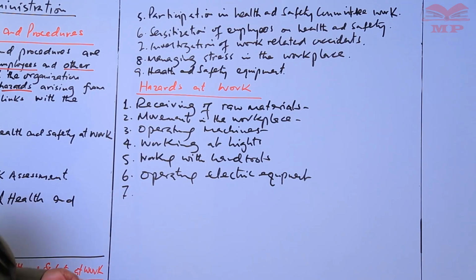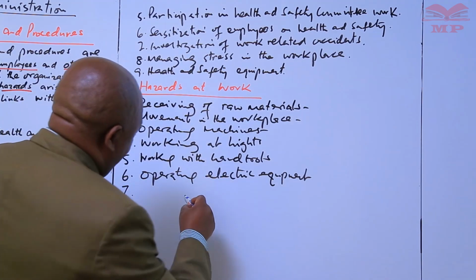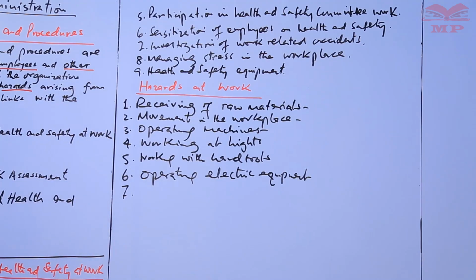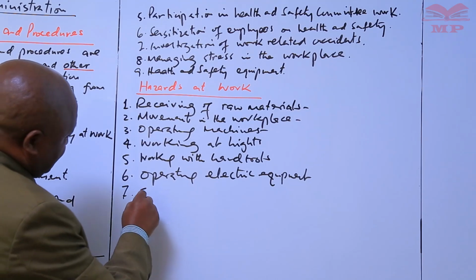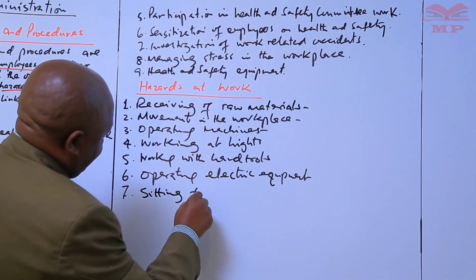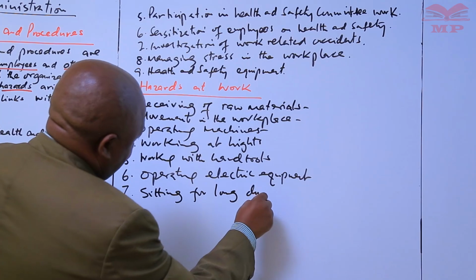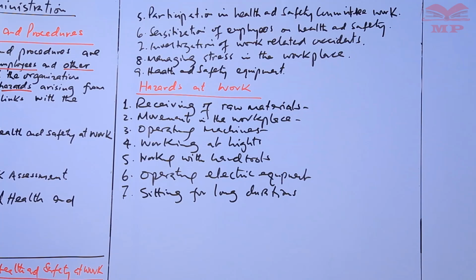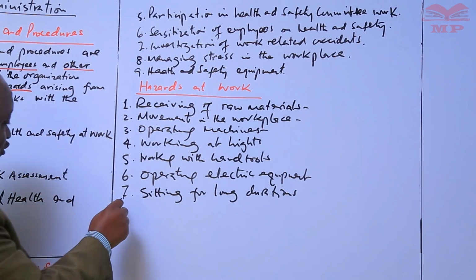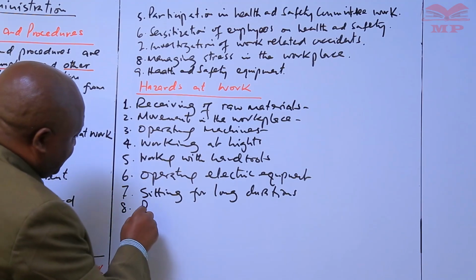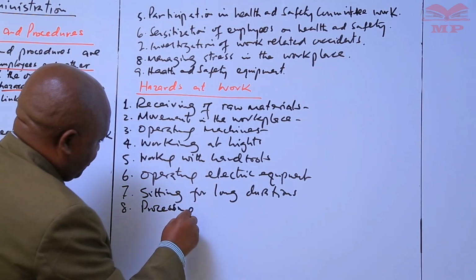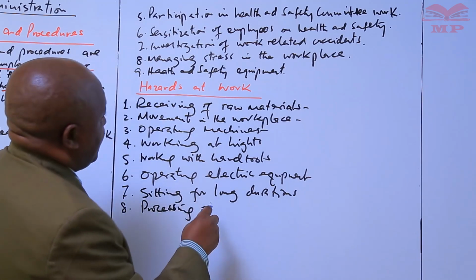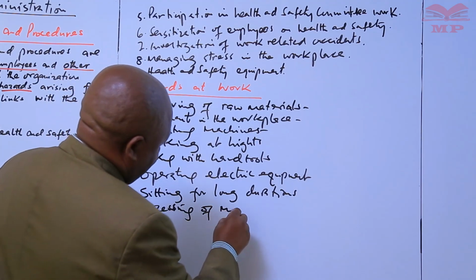Then there is the element of operating electric machines or equipment where electricity is being used. Workers need to be very keen. Then there is also the element of sitting for long durations. So employees who sit for long durations may, for example, suffer what you call lower back pain. So that again becomes a hazard within a working environment. Then you also have processing of materials.